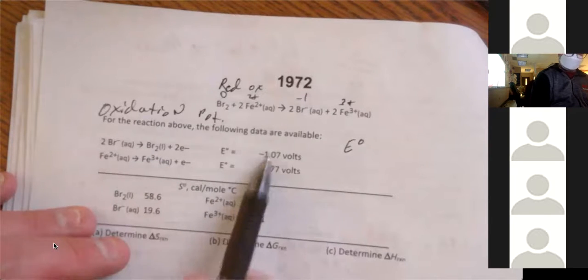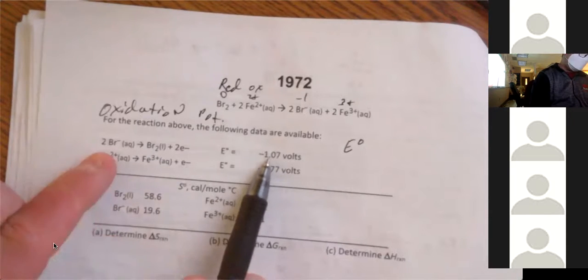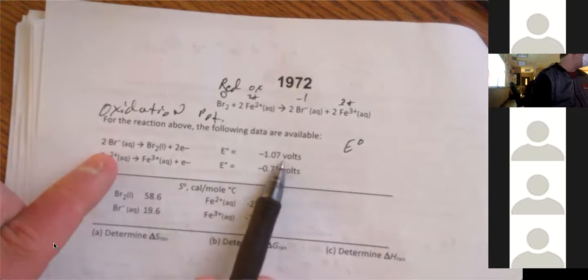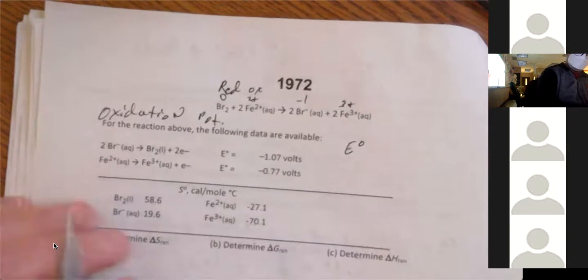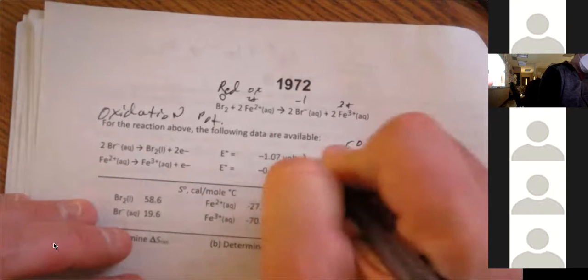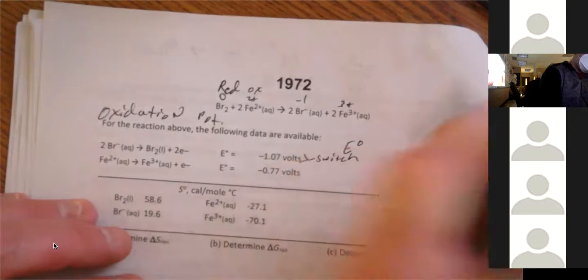So if we want to do that, we need to switch this to be what? Instead of -1.07, it becomes 1.07, right? So we're going to switch this to be reduced.